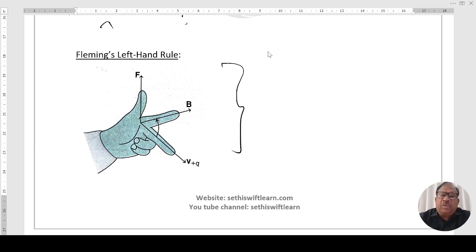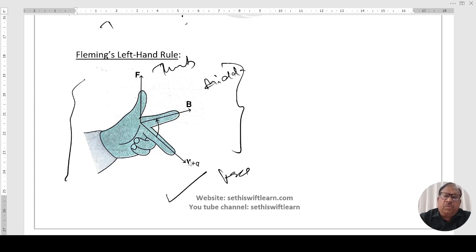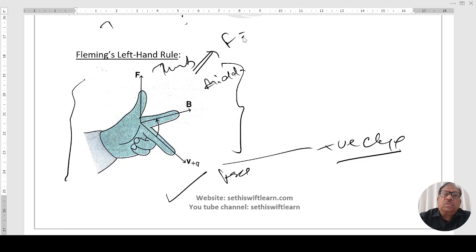It experiences a magnetic force given by F_m = qV cross B. If we stretch the left hand in such a way that this is the thumb, this is the middle finger, this is the forefinger, and the forefinger represents the direction of positive charge velocity, be careful: if the charge is negative, we have to change the direction of force. The middle finger represents the direction of the magnetic field, and then the thumb gives the direction of force. This is only applicable in the case of motors.